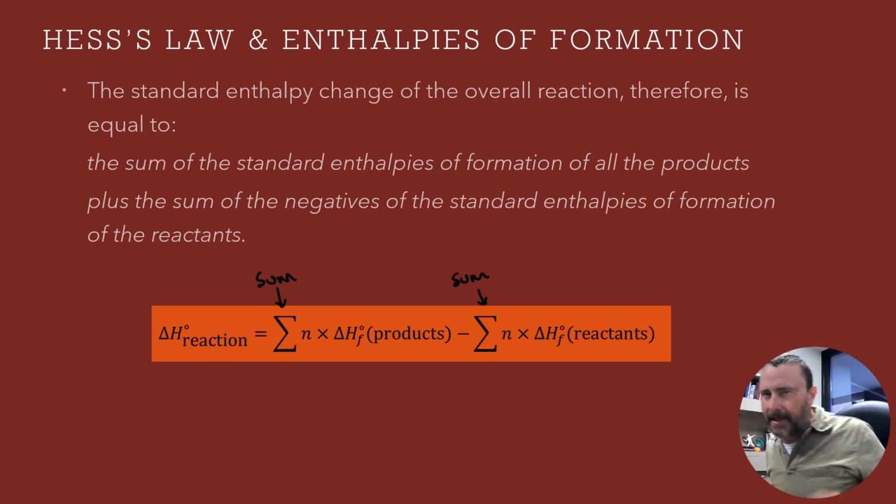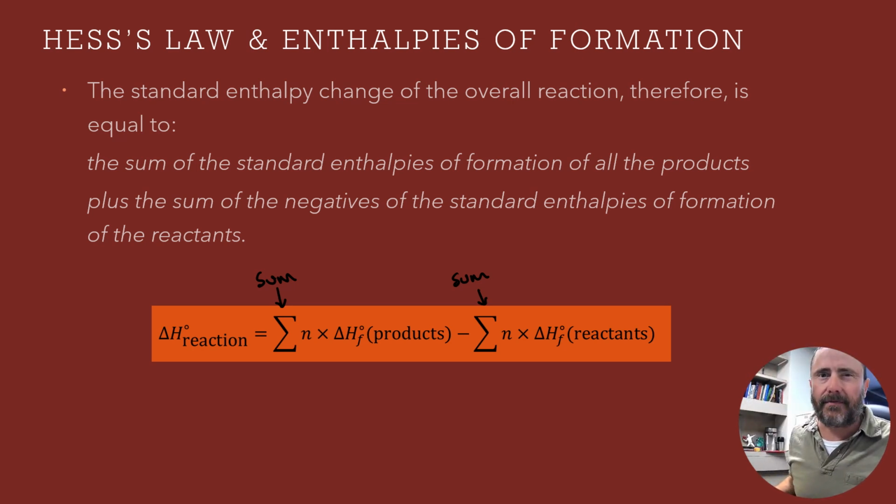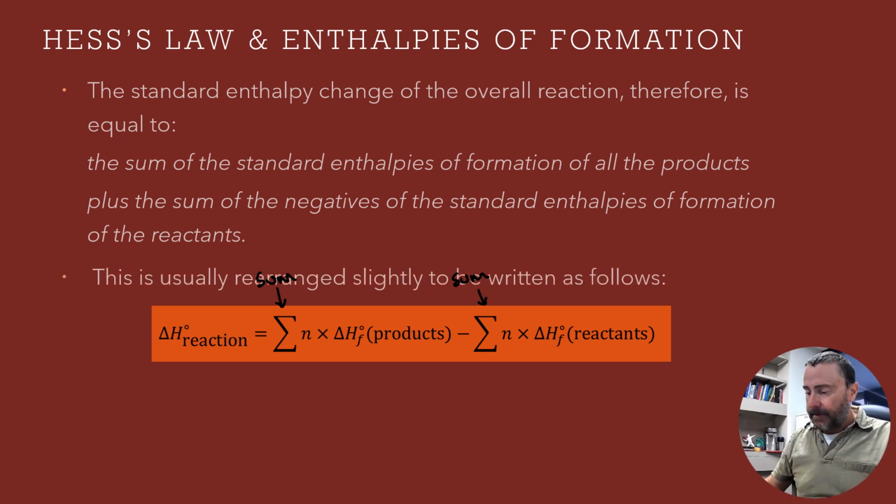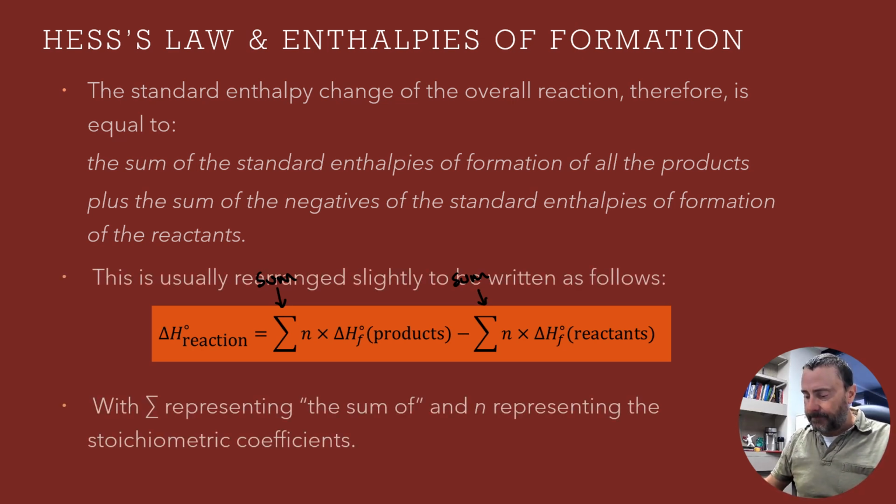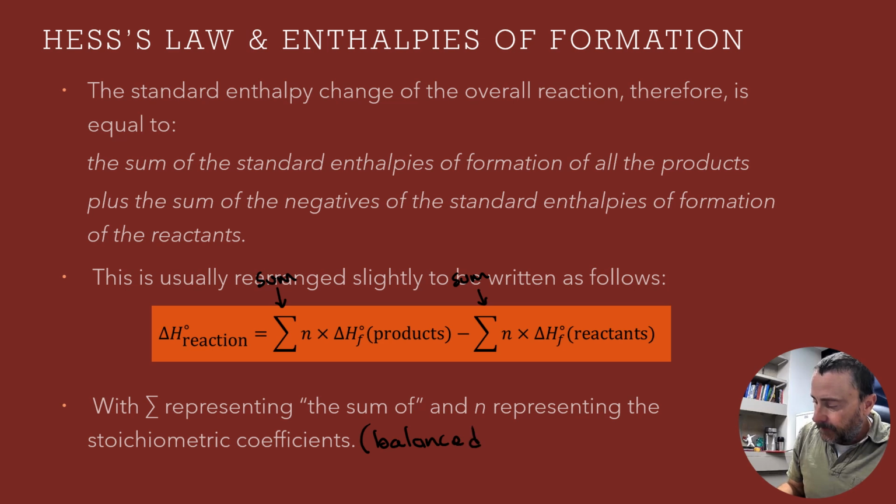There's going to be one case where we don't do products minus reactants. That's at the very end of this chapter. But every other calculation that we do in Chem 1, Chem 2, like all of your chemistry lives, you're always going to work with products minus reactants. So again, our sigma is the sum, the n's are the stoichiometric coefficients that are out in front, so they're found from our balanced equation.